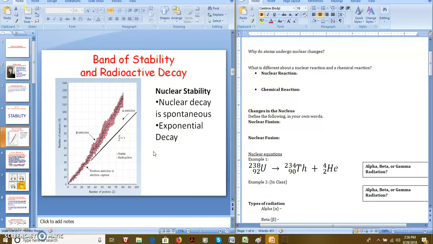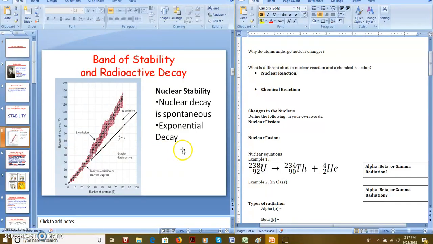Whereas potassium or magnesium or helium, those smaller atoms, don't decompose that fast. In fact, their half-lives are like billions of years. It takes billions of years for them to break apart. So, everything breaks apart. Some do it faster.